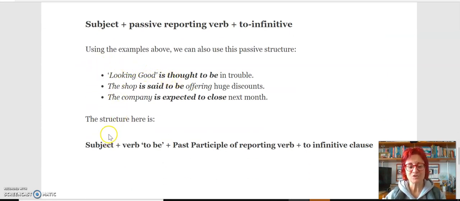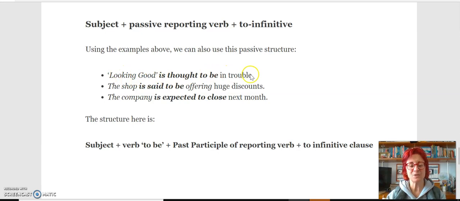Another way to put it is by using another structure. Like Looking Good is thought to be in trouble. This is even more emphatic for this structure. Or the shop is said to be offering huge discounts. Or the company is expected to close next month. Instead of it is thought that Looking Good is in trouble, we can even more emphasize Looking Good, the chain store, saying this.